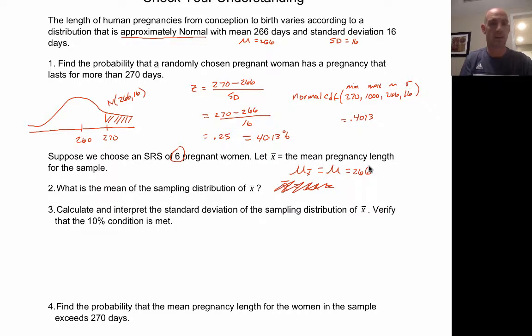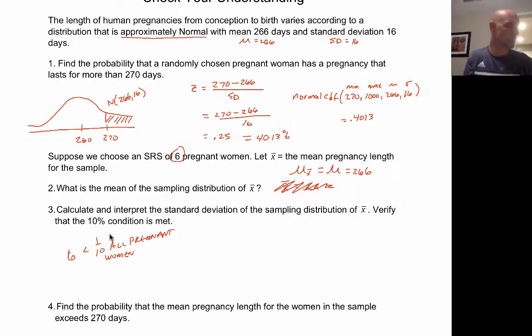Calculate and interpret the standard deviation of the sampling distribution of x bar. This is a question related to that formula that we have up top. But we need to verify that the 10% condition is met. We have a simple random sample of 6 women. Is 6 women less than 10% of all pregnant women? Yes, there's no question here.